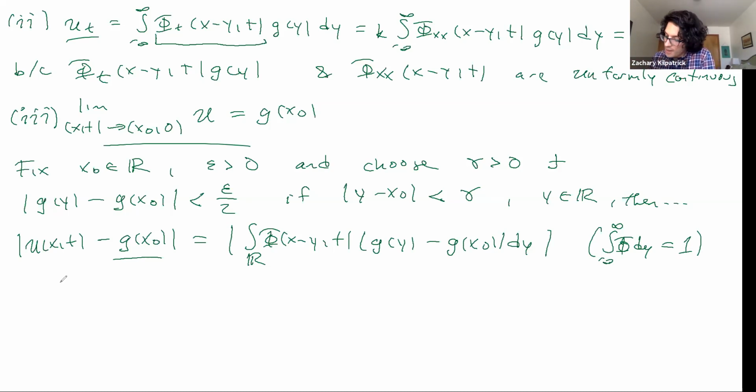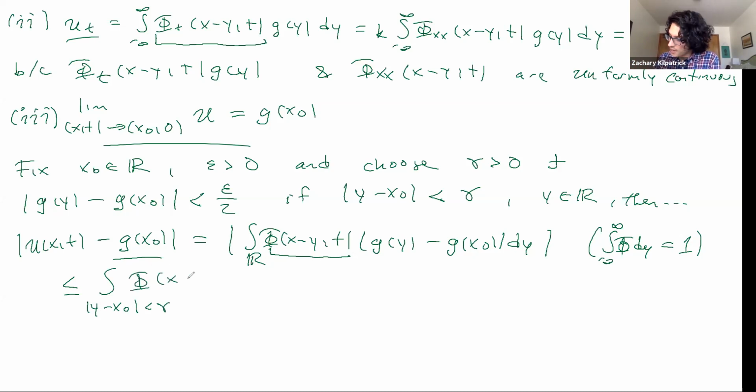So this is going to be bounded from above by the contribution from right around the spot where this is going to blow up at t equals 0, where x and y are equal to each other, and then every other part of the domain. So I'm going to split it up based on that. You see it's bounded from above by the part of the domain that's close to x0.